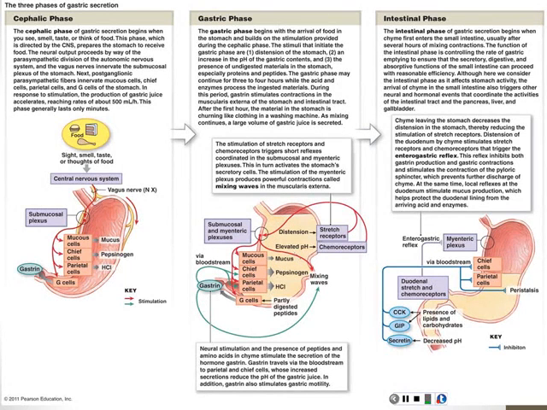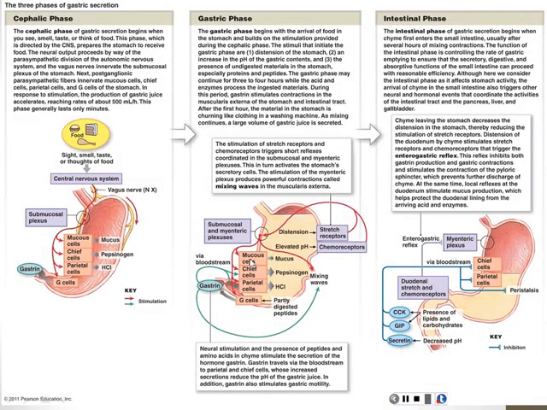So in the gastric phase, instead of the vagus nerve triggering the production of mucus, pepsinogen, and HCl, the contents itself are doing that. So we get mucus, pepsinogen, and HCl, all because of the presence of stuff in the stomach itself.